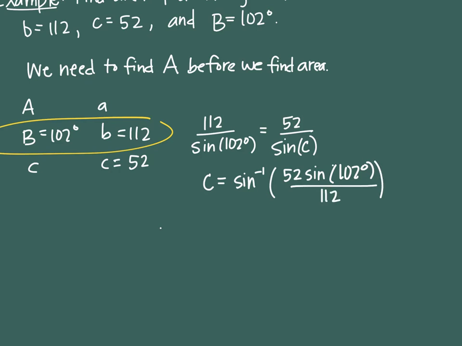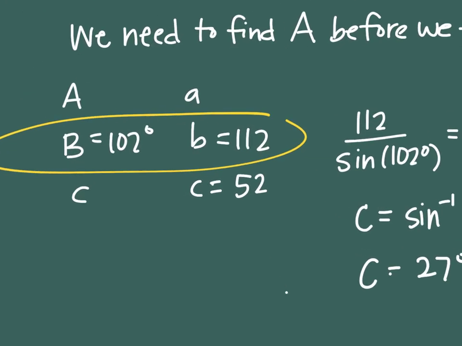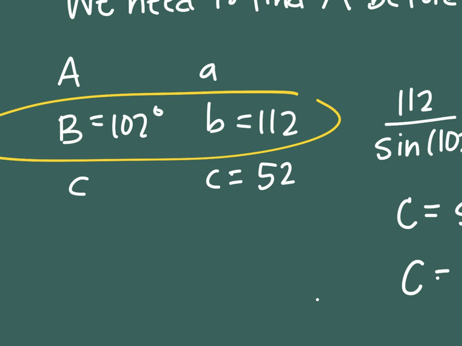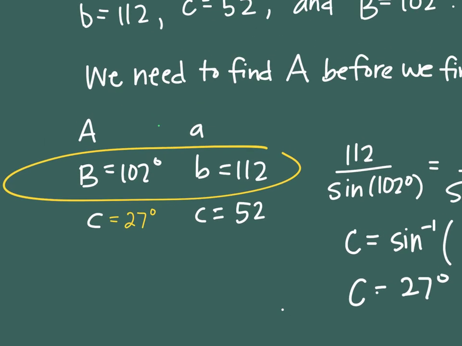In my notes I worked that out, and that works out to be 27 degrees. So we can go back to our set of 6, and we know that we have 27. And once we have the 27, we can use the rule of 180 to find A. So A turns out to be 51.